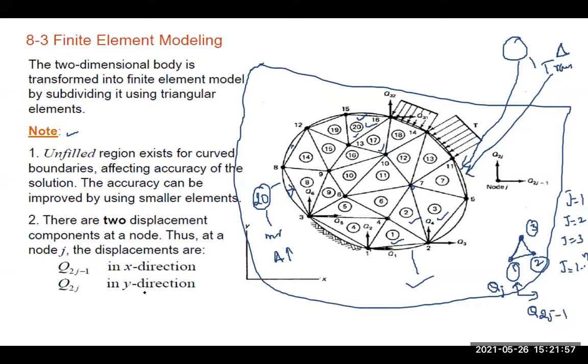For example, at nodal point 3, that is j equal to 3, the x directional displacement according to this notation is q of 2 into 3, that is 6, minus 1, which becomes 5. This is in the x direction. Similarly, in the y direction, q of 2j with j equal to 3 becomes q of 6.